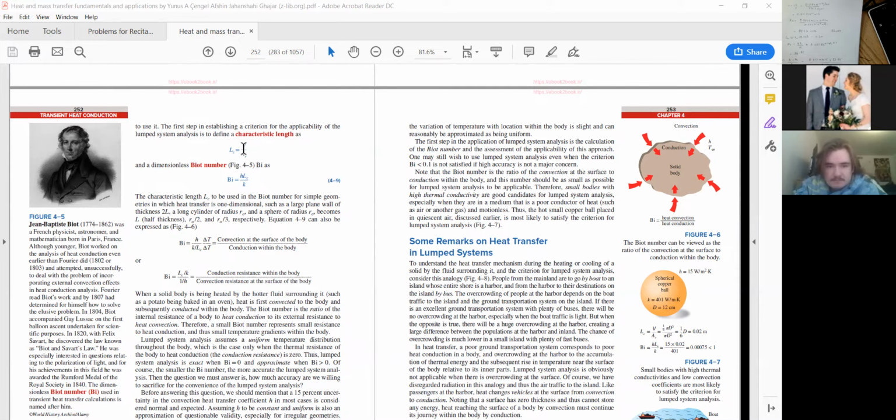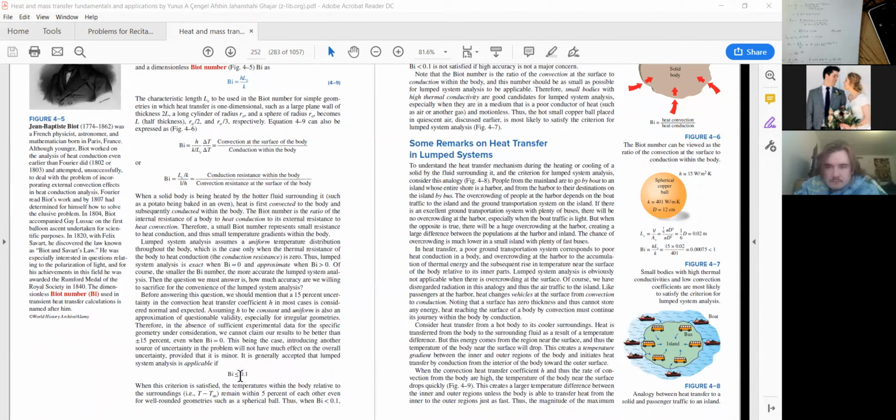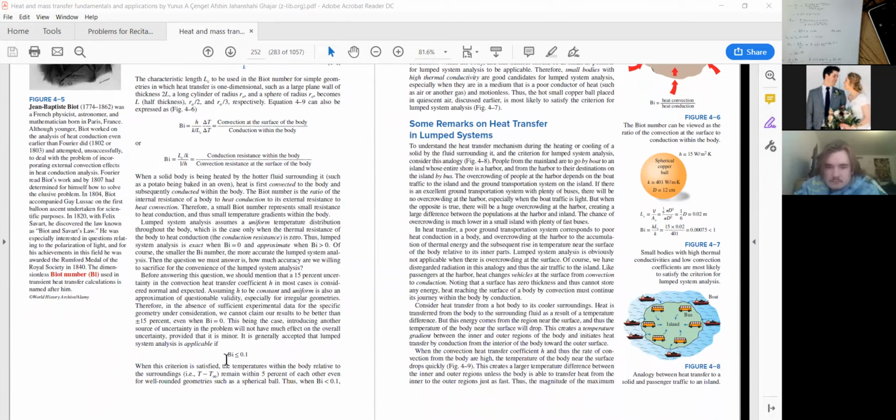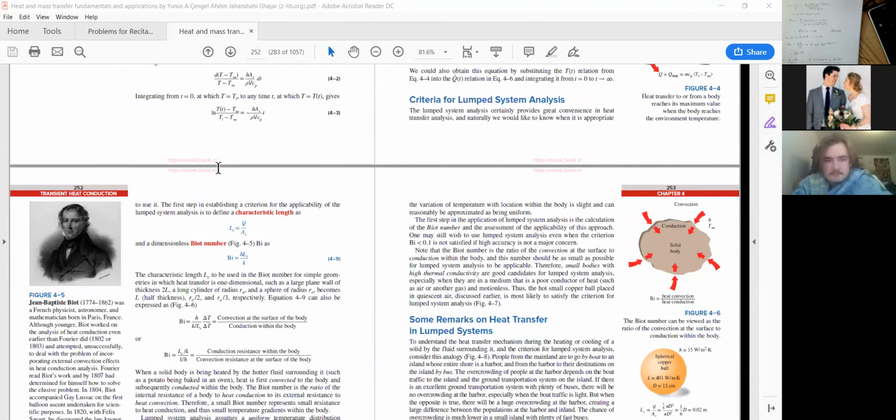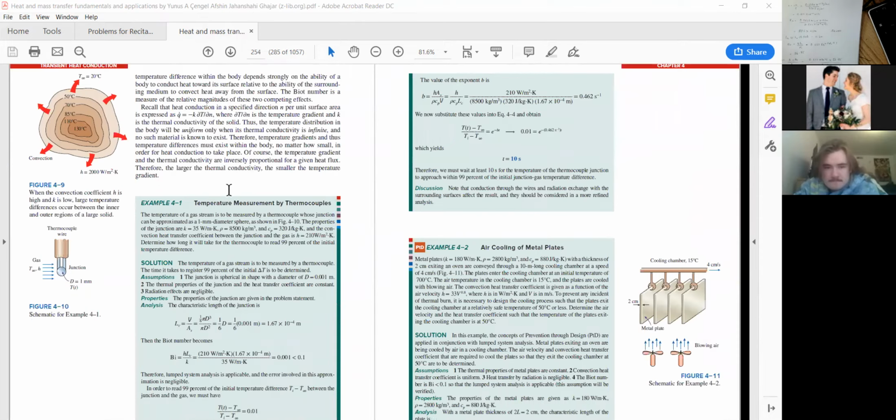In that question, I think this is what I was trying to evaluate that day, and I was wondering where in the solution the values had come from. There's a half thickness length assumption, where you say 2L is equal to the thickness that you've been given, so you can find the value of L. If you get a Biot value that is less than 0.1, then you can use the lumped system method.